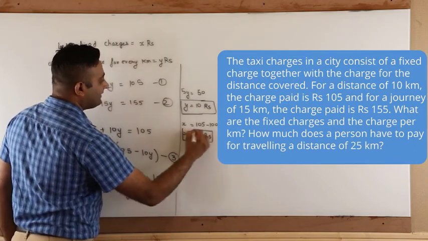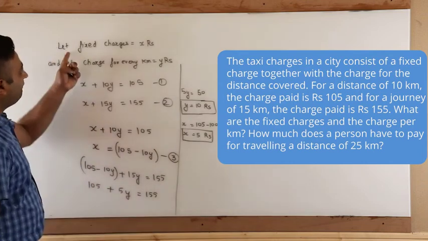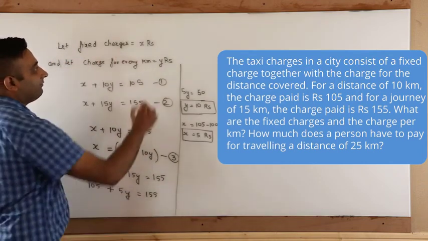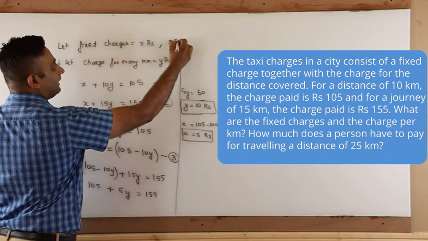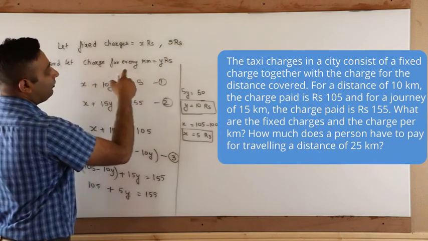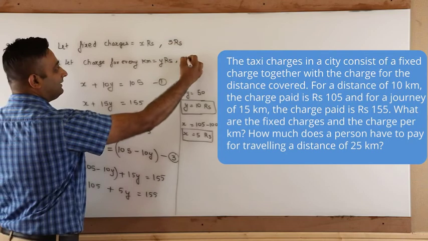So the answer is that the fixed charges are 5 rupees and charges per kilometer are 10 rupees.